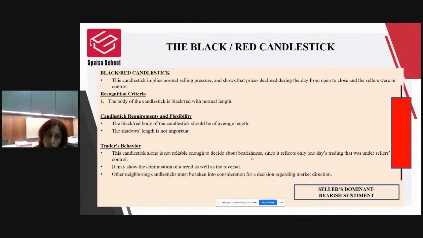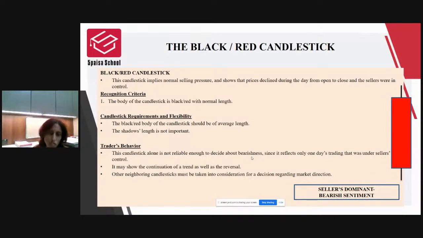You have to again go through the neighboring candlesticks, which should be considered for a decision regarding the market direction. So always understand that any candlestick type, whatever decisions you take, should not be taken in isolation. That is the underlying word. Nothing should be taken in isolation, right?